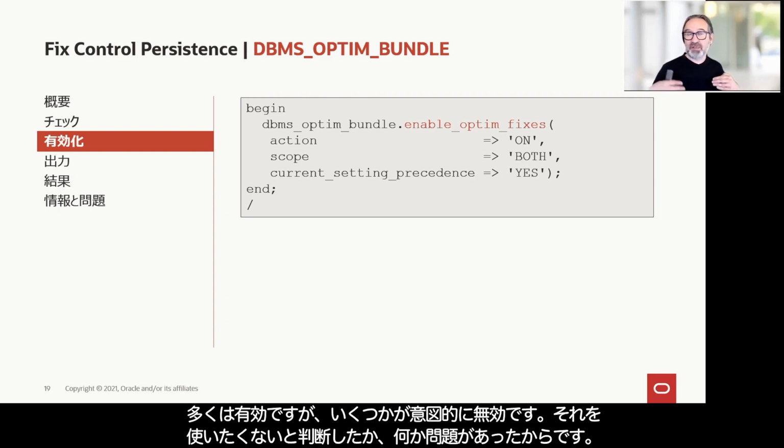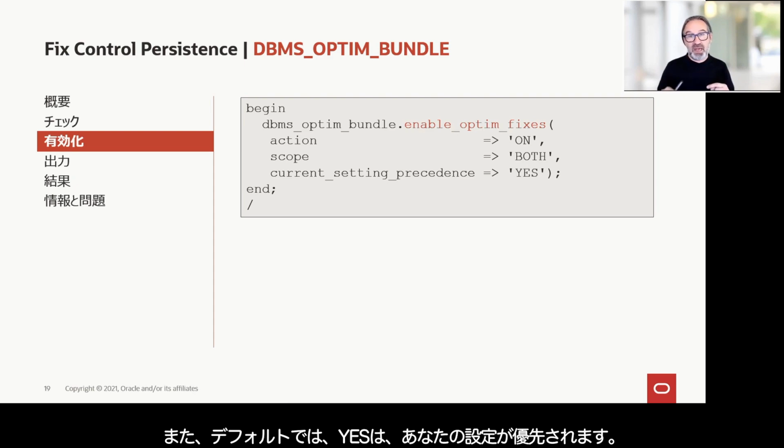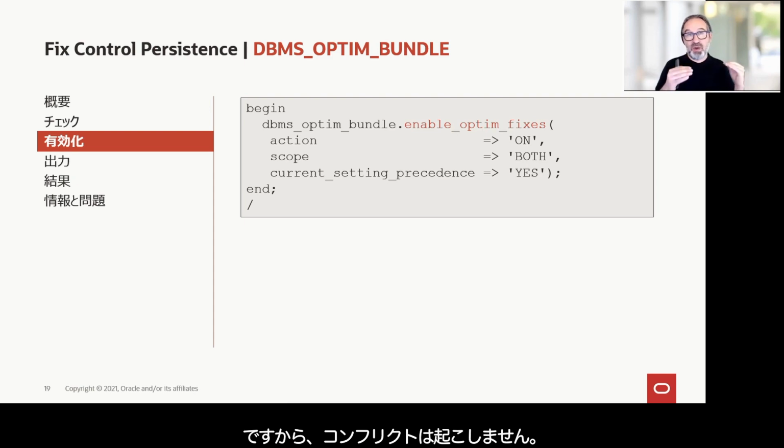Even though you enabled a lot, you disabled something at will because you decided, I don't want to have that, or you had an issue with this. Now, by default, this would give a conflict when you call the procedure here again.